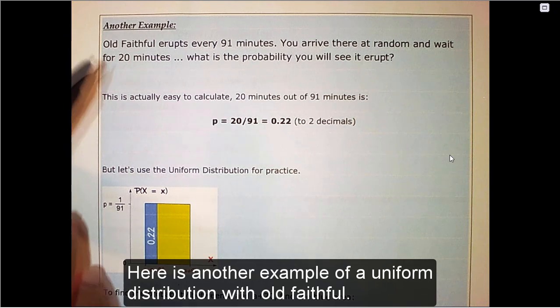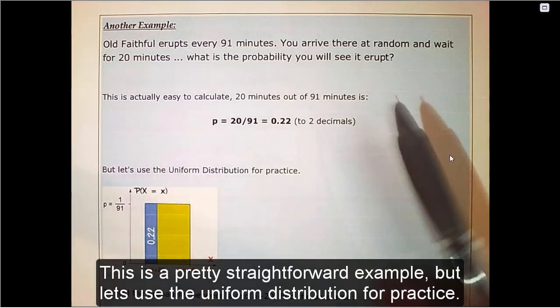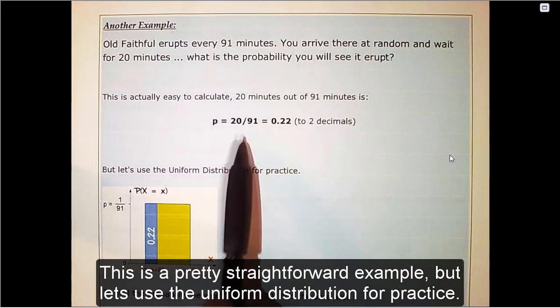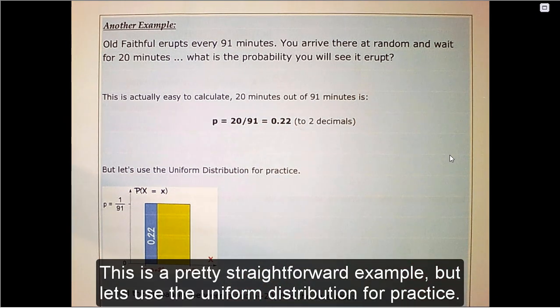Here's another example of a uniform distribution with Old Faithful. This is a pretty straightforward example, but let's use the uniform distribution for practice.